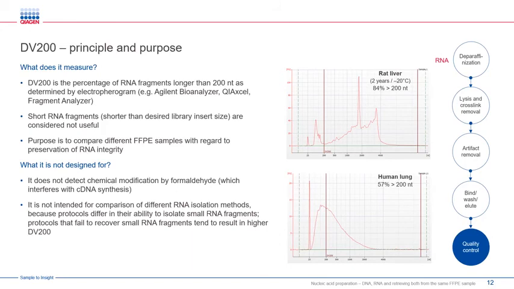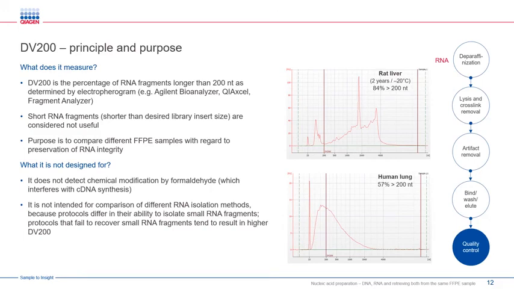And the other thing that is important to keep in mind is that this parameter is not really suitable to compare different RNA isolation methods and how well they preserve RNA integrity, because different methods and protocols often differ in how well they isolate short RNA fragments.